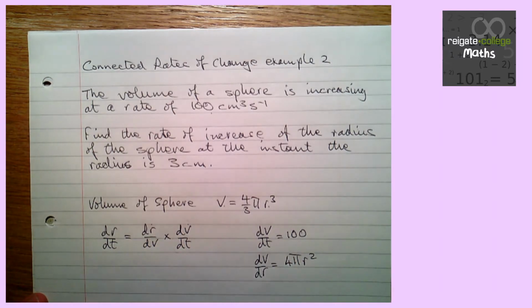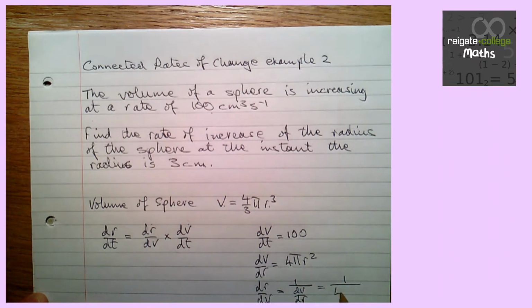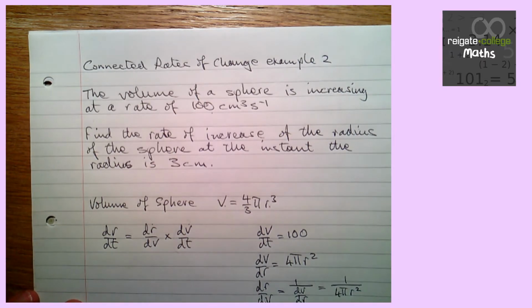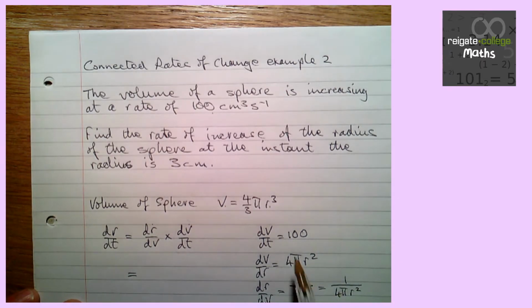And that means that dr by dV, which is equal to 1 over dV by dr, is 1 over 4 pi r squared. So we've now got dr by dt is equal to this times this, so it's 1 over 4 pi r squared times 100, so it's 25 over pi r squared.